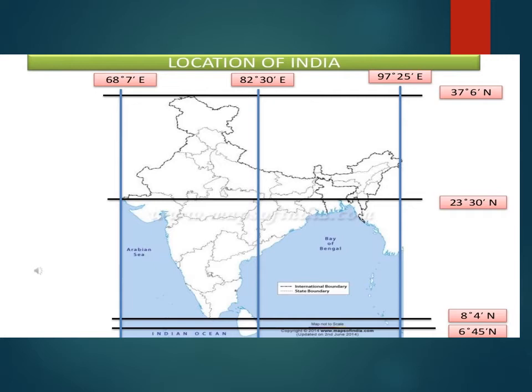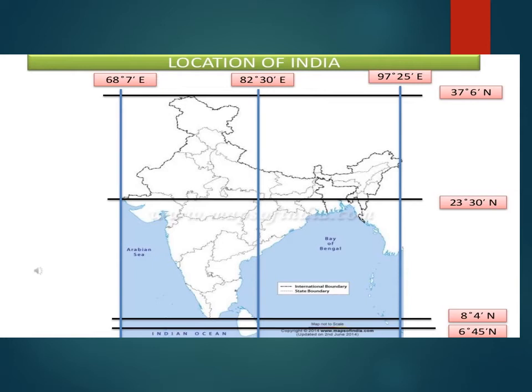Now we just concentrate on the latitudes. The black parallel lines you can see there are latitudes. The northernmost latitude of India, on the northern side, is 37 degree 6 minute north latitude. Then halfway you can see 23.5 degree north latitude, that is the Tropic of Cancer. Then on the southern side you can see two lines.